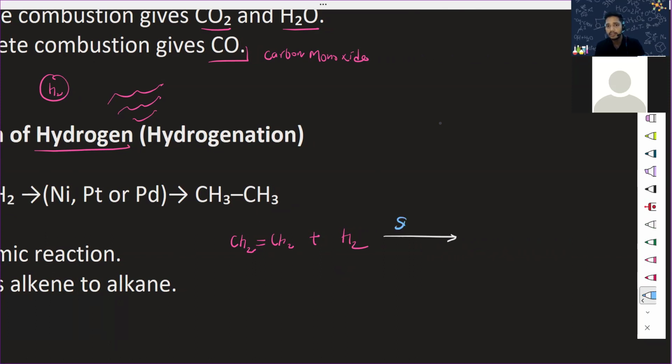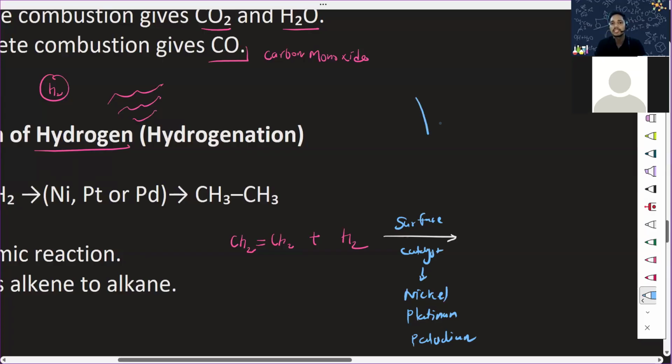So we need a surface catalyst such as nickel, platinum and palladium.